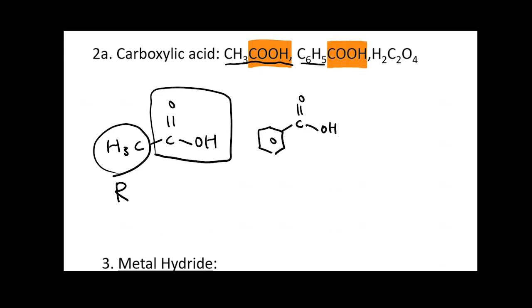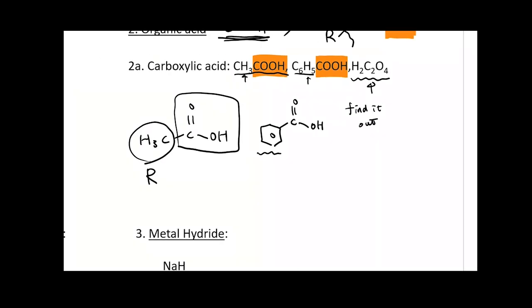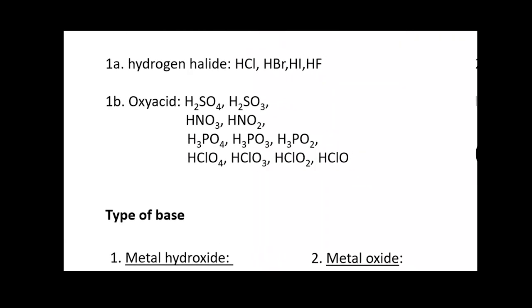The C6H5 is a benzene ring, so it's actually a benzene ring attached to an acid, and it's that acid that can dissociate the proton. The protons here are not going to give you the acid. I want to go back and check the structure of this one. So that's the basic principle of how you judge whether the formula you have is an acid or not: the thing you are looking for is the COOH.